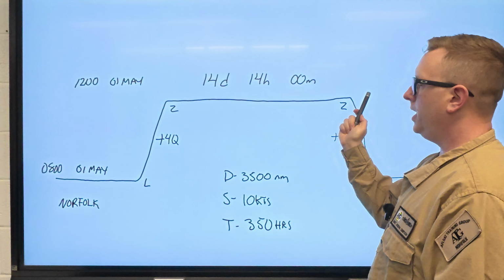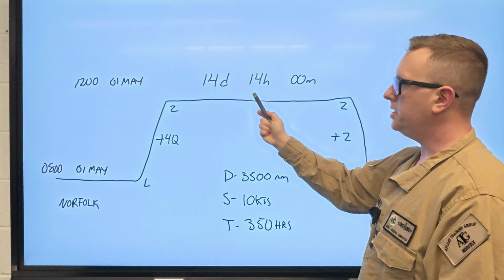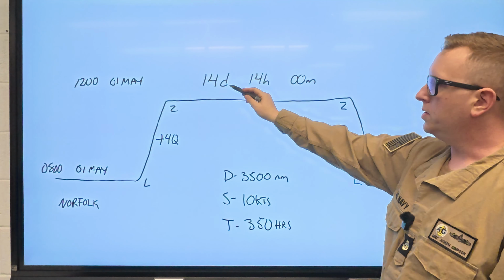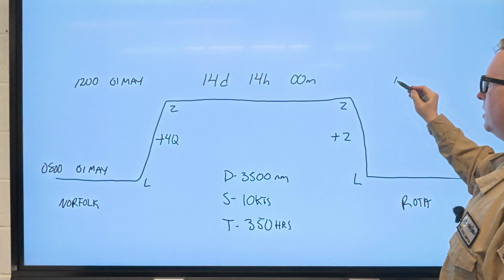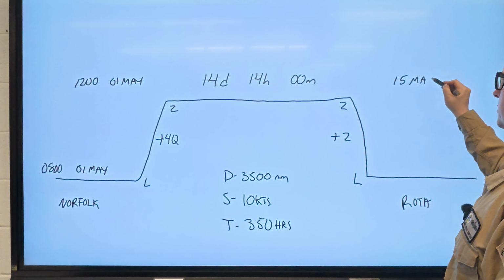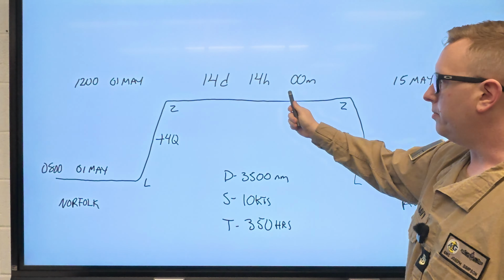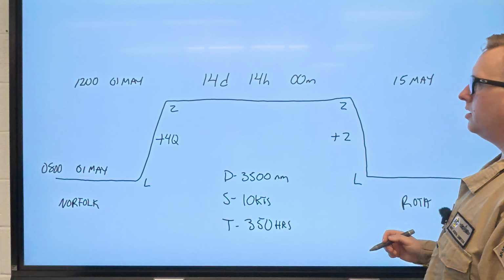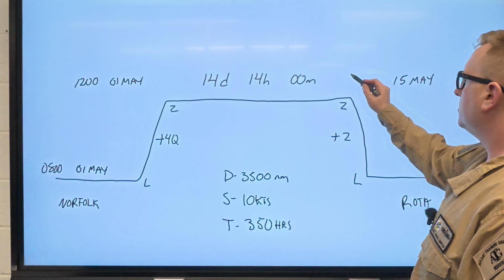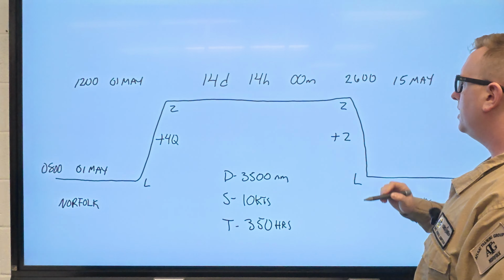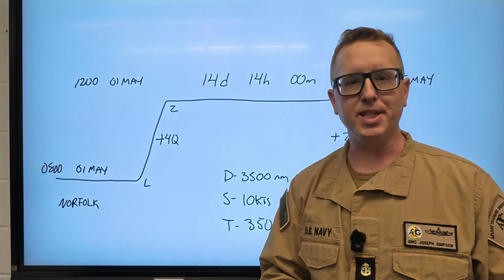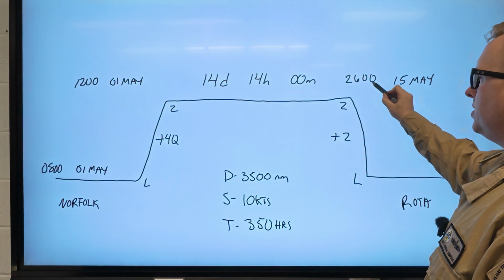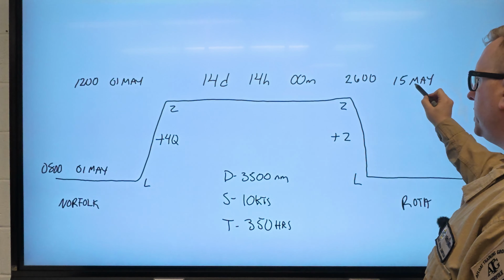To get over the road to Spain, we have to apply the distance and time. 14 days, so that will be 15th of May, and plus 14 hours. So 12 plus 14, that is 2600. That is not a time that we recognize in the military. If it goes over 2400, you went into the next day.